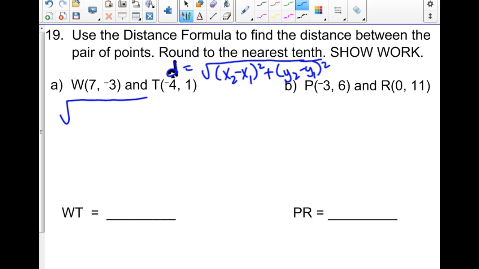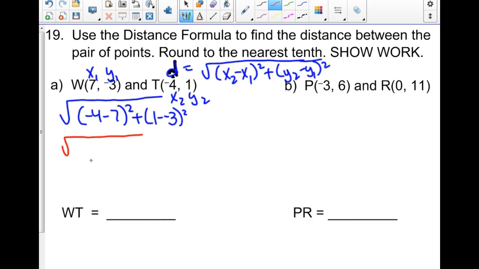I suggested to students that they fill this in. So your x1, x2, so -4 minus 7 quantity squared plus your y1 and y2, 1 minus -3 quantity squared. I told students to type this all in on their calculator.